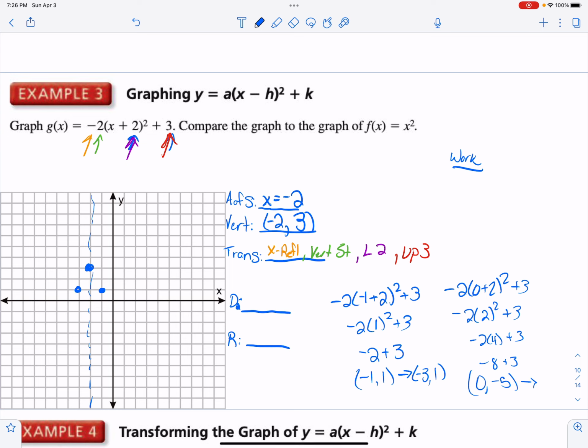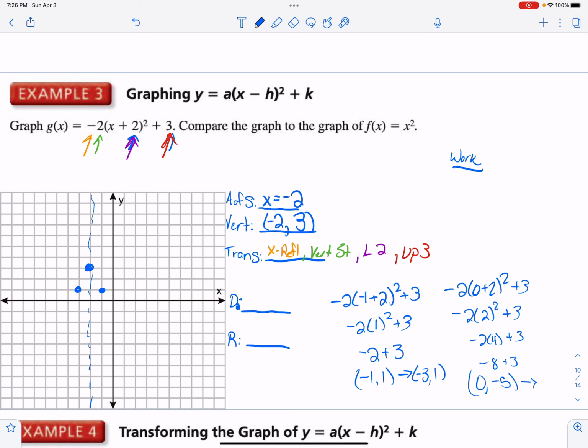Now, transforming a graph is no different than what we saw in the previous lesson. When you see something like this, it depends on where this term is. So if it says x plus 5 inside the parentheses, you are going to change your h.